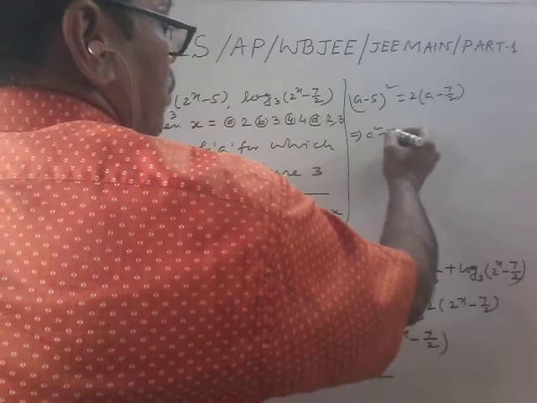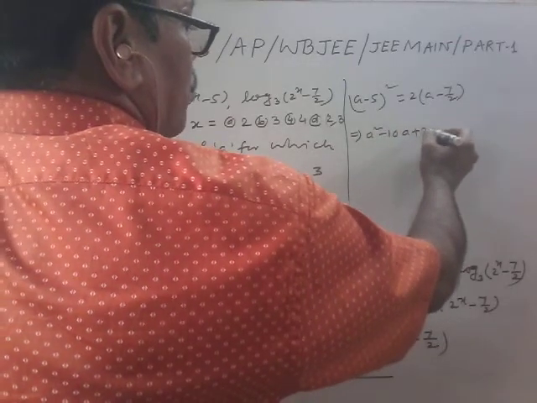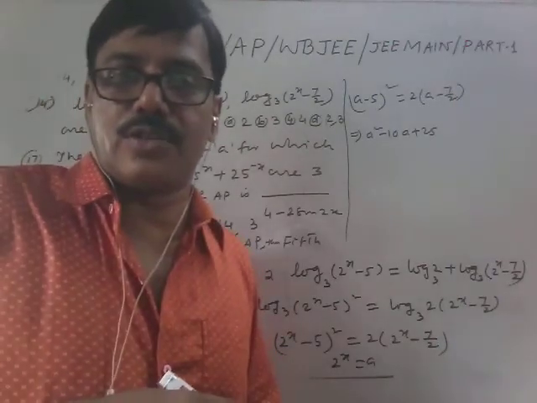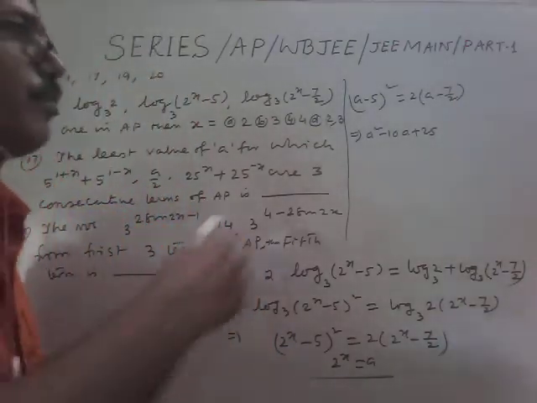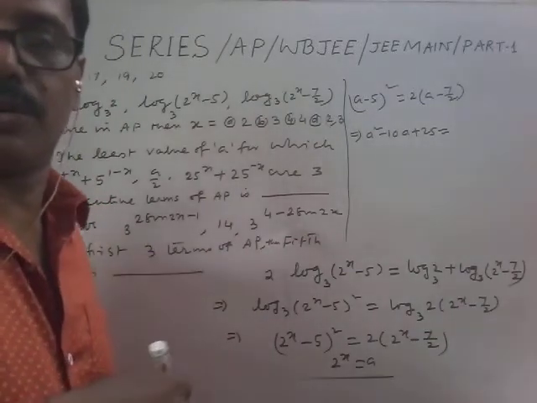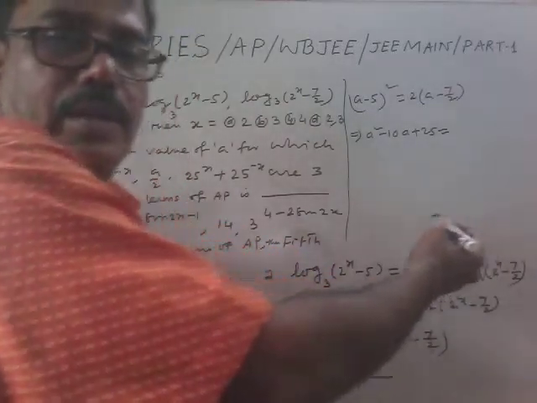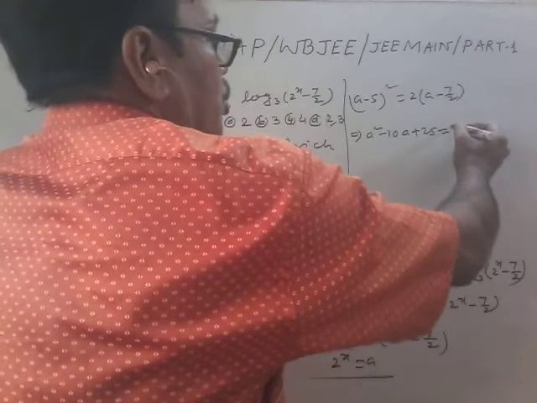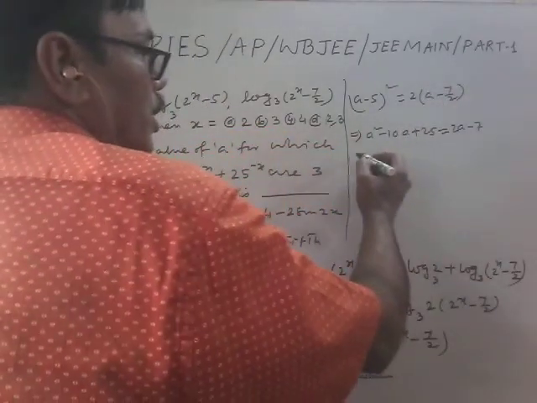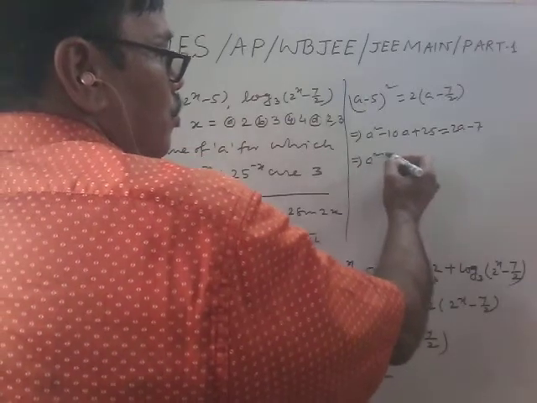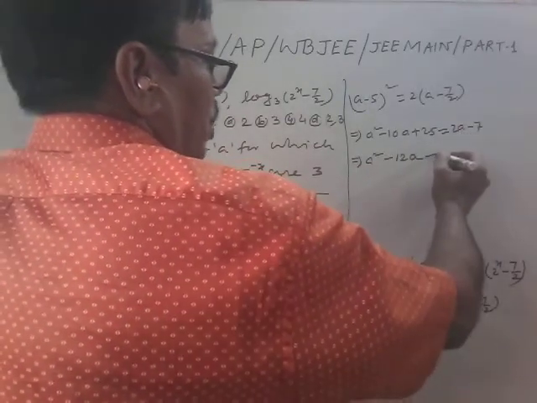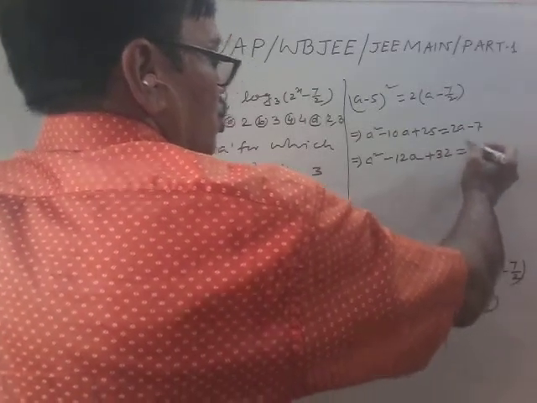So a square minus 10a plus 25 equals 2a minus 7. 2 cancels. So if we transfer all terms to the left hand side, a square minus 12a plus 32 equals 0.